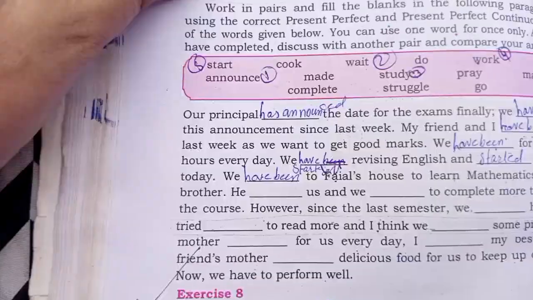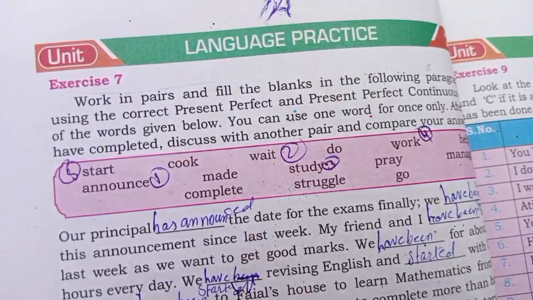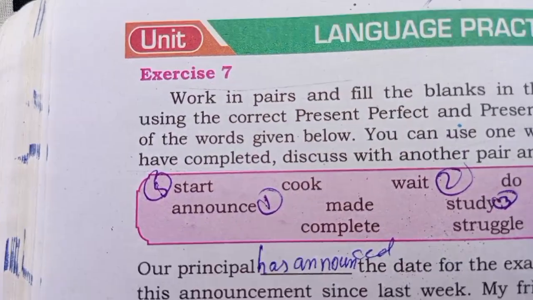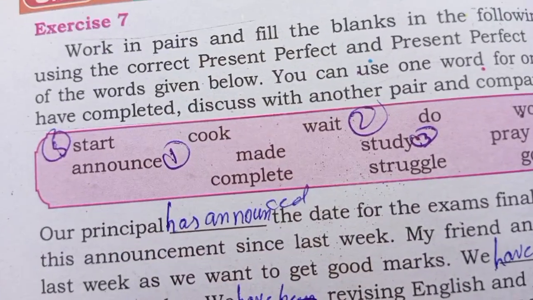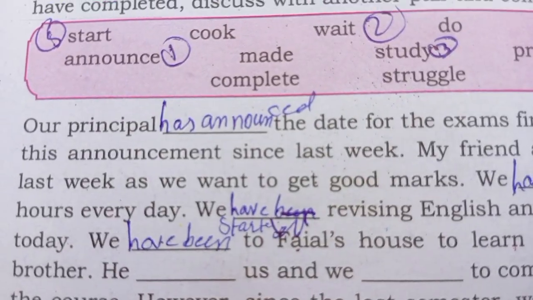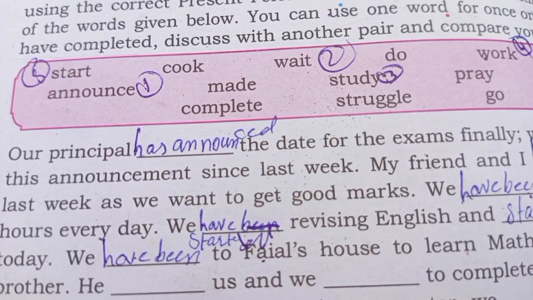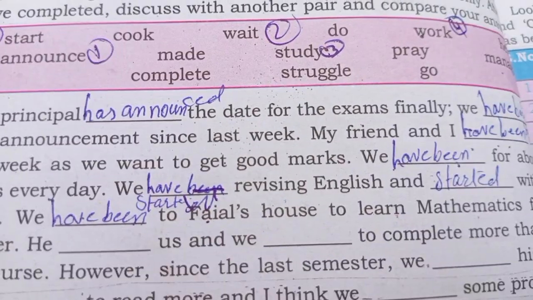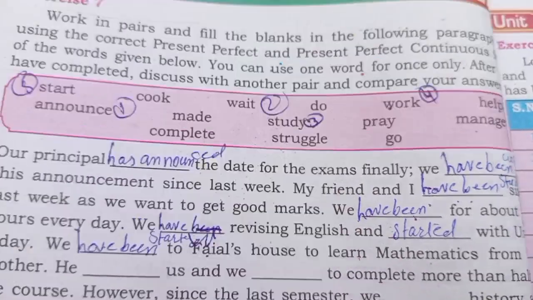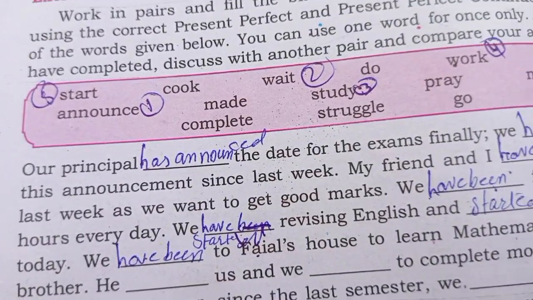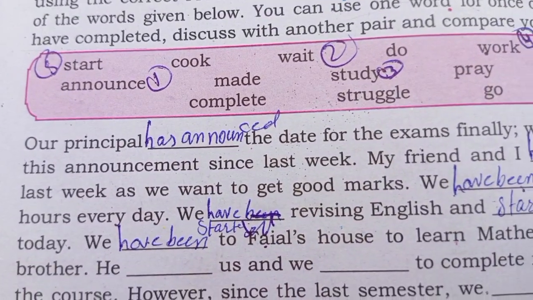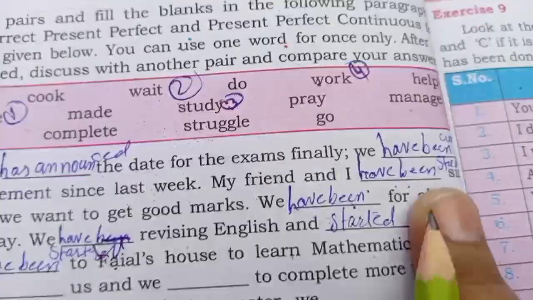Means these verbs you have to apply either in present perfect or present perfect continuous. Like our principal has announced the date for exams. Finally, we have been waiting for this announcement. So have been waiting. I have put it here.